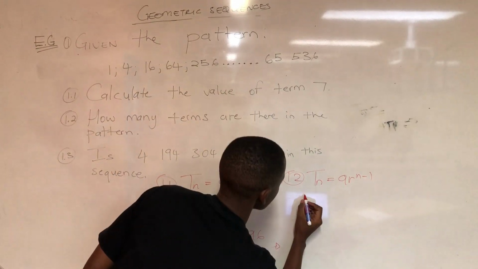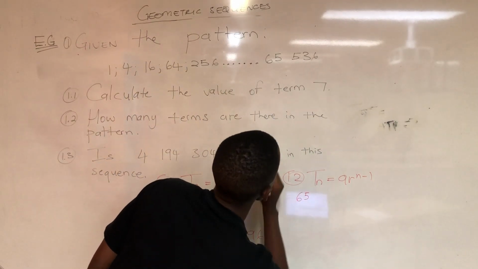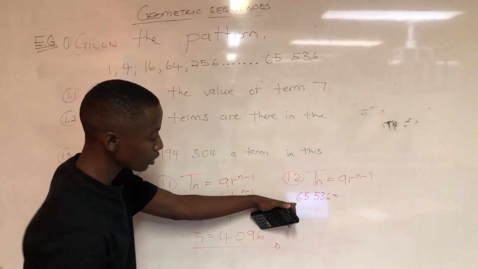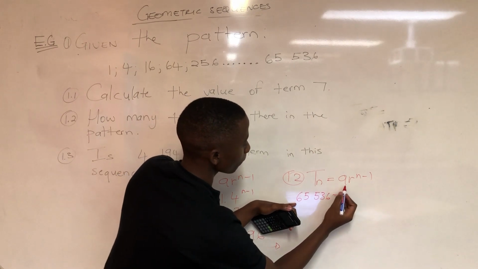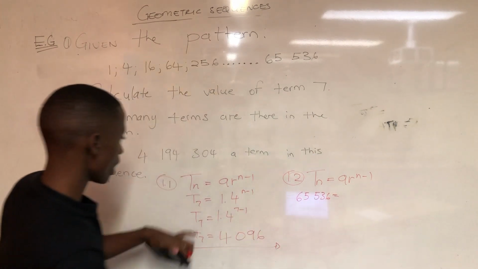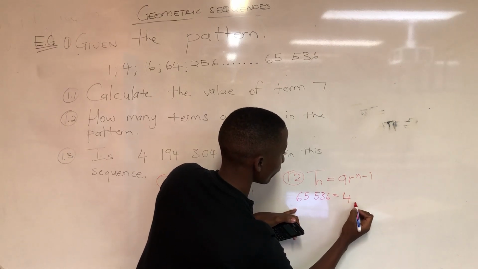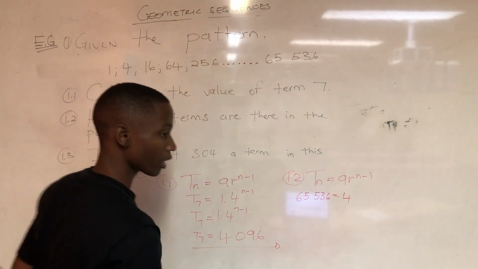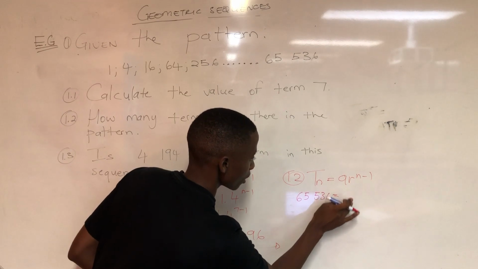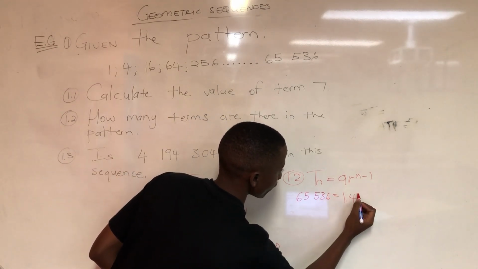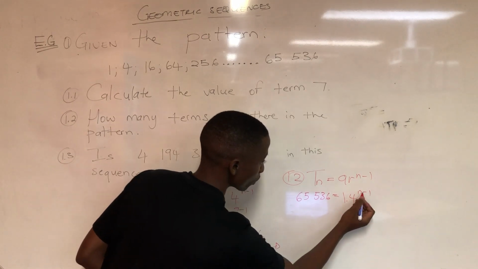So the last term, 65,536, is going to be equal to, what's our A? Our A is 1, multiplied by 4 to the power of n minus 1. We're looking for n.